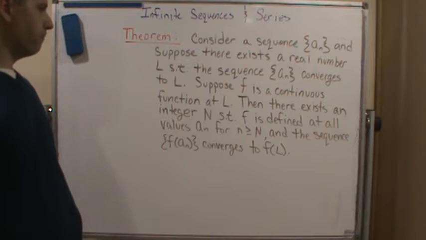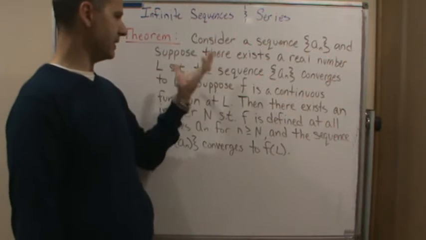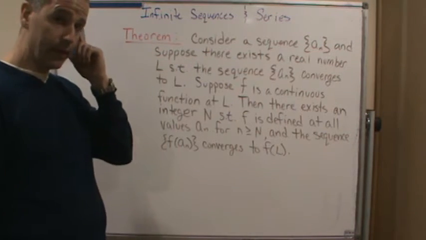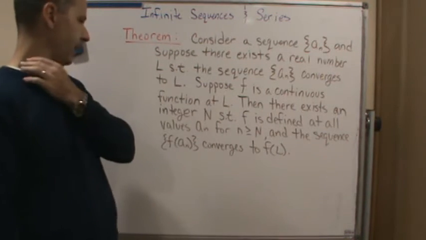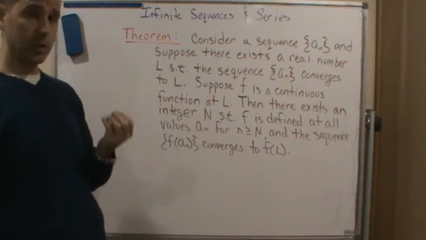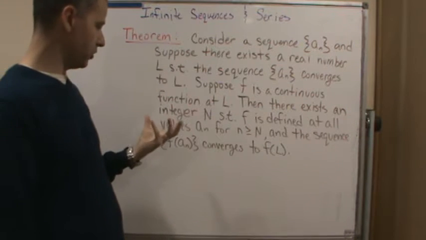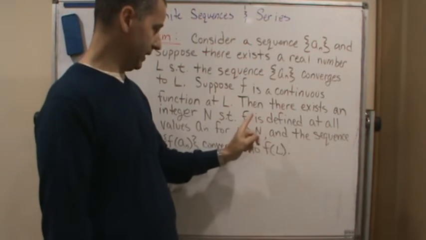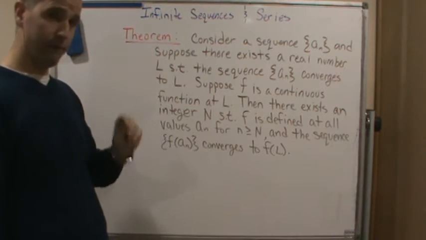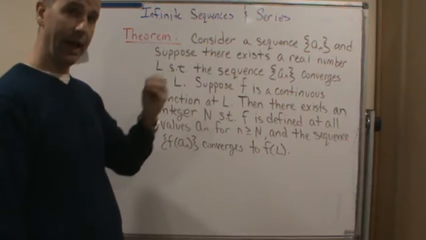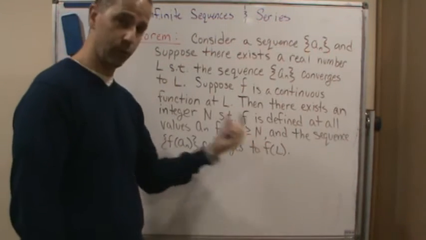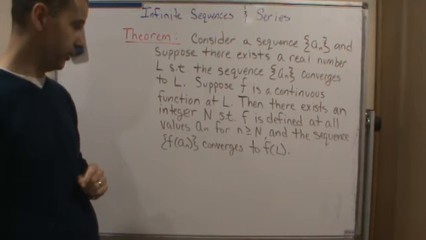And so what that's saying is, hey, if I have a sequence that converges to L, and there's a function that is also continuous at L, then there must exist some integer N such that the function is defined at all values of a sub n after that. So for all n greater than or equal to that N value.